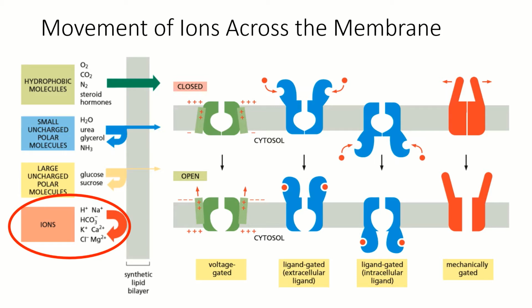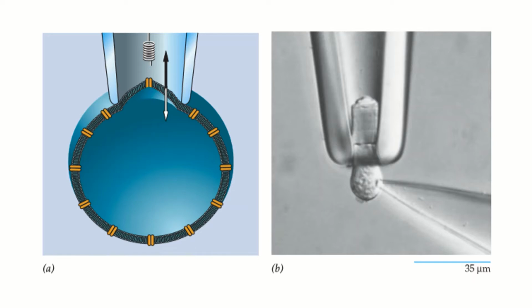And lastly, on the right, we have an ion channel that may be opened through mechanical force. As you can see here, the flap that is illustrated may be pushed together or pulled apart by a mechanical force. Scientists have been studying ion channels through their detection of changes in voltages across the cell membrane.